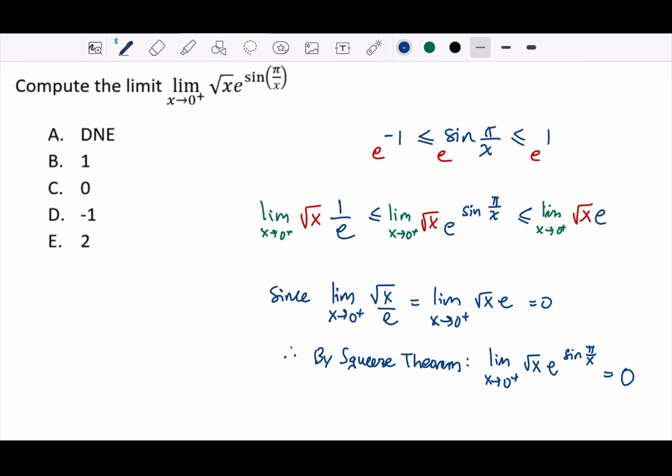So every time you have a complicated one and it has sine or cosine, you need to be careful with that, and maybe you need to check with the squeeze theorem.